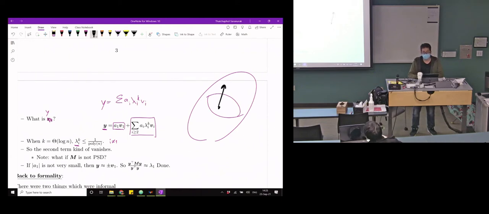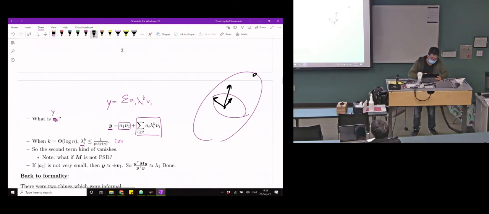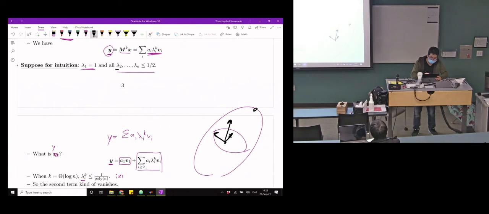But when you multiply x by m many times, every other direction which is not the biggest one shrinks very quickly, because we assume that the ellipsoid in every direction is small, except the largest one.